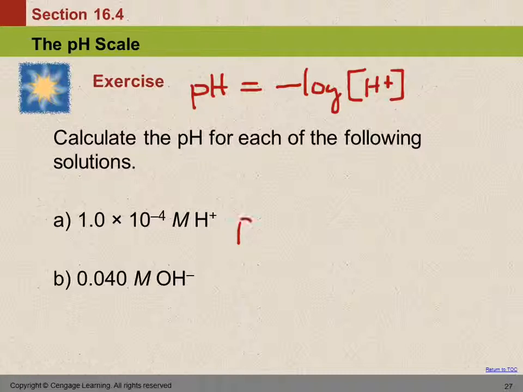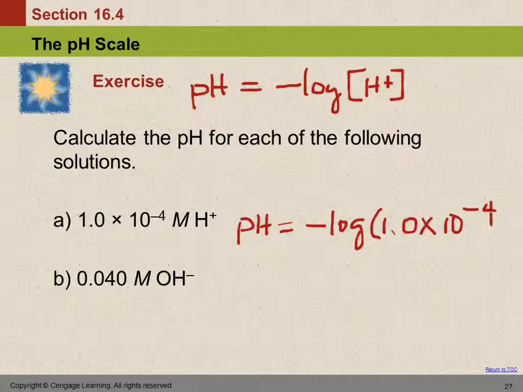So here the pH is equal to negative log of 1.0 times 10 to the minus 4. On your calculator, you would press 1 EE minus 4, press the log button, that should give you minus 4, and then you press the change sign button, and you'll end up with 4.